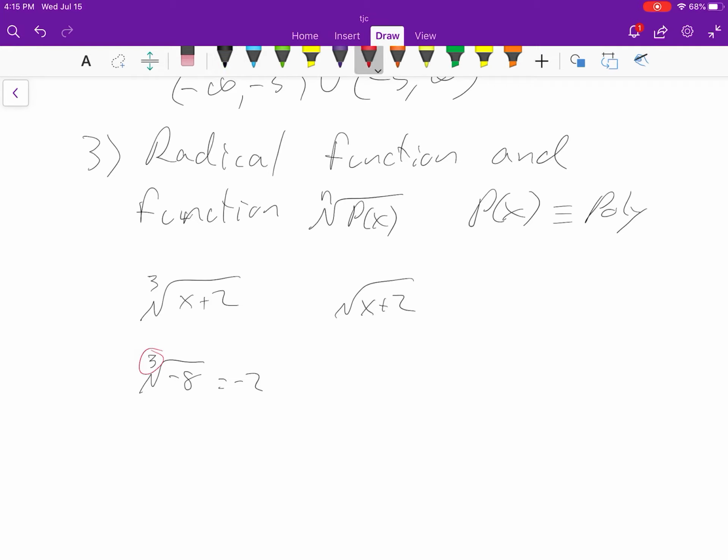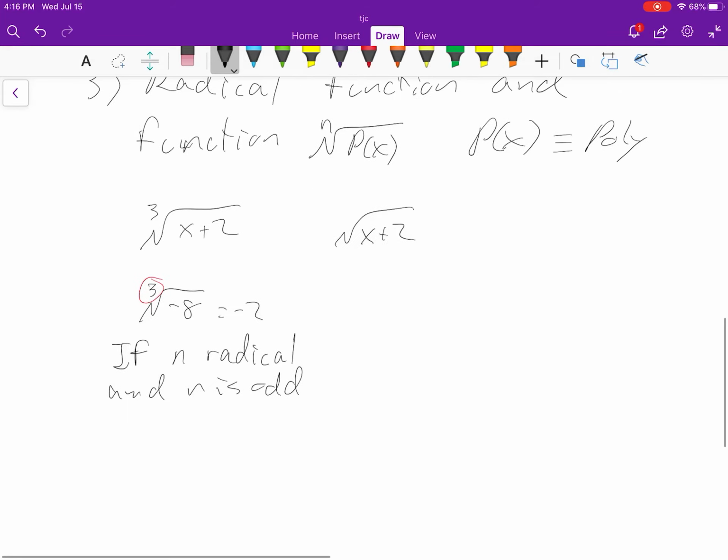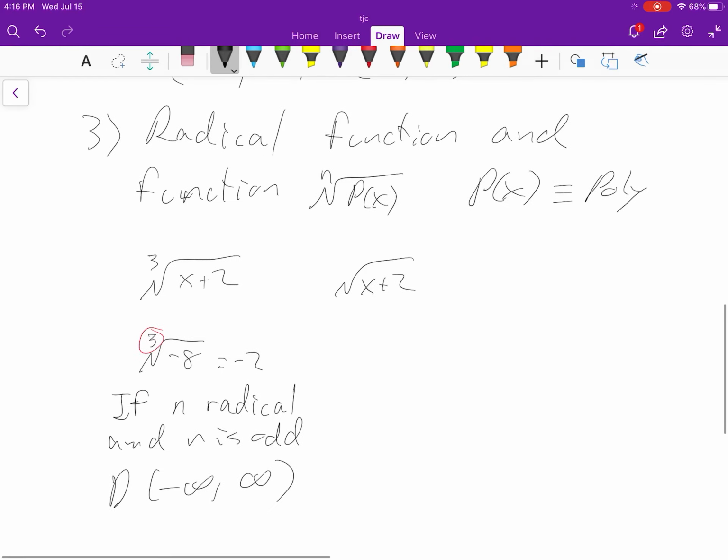Okay, so if the number is odd here, then it's okay. So if it's an nth radical and n is odd, then the domain's fairly easy. It's all real numbers. Domain is just all reals.